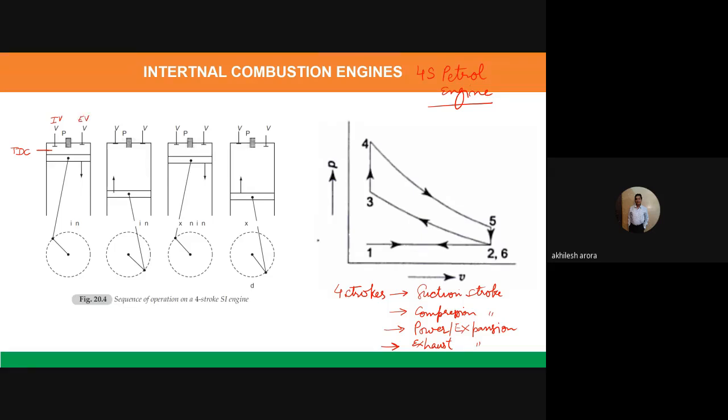Forget about the V and V written here; it is written for valves. Initially the piston is at the top dead center. When the piston is here at the top dead center, this is the connecting rod, CR, and this is the crank.